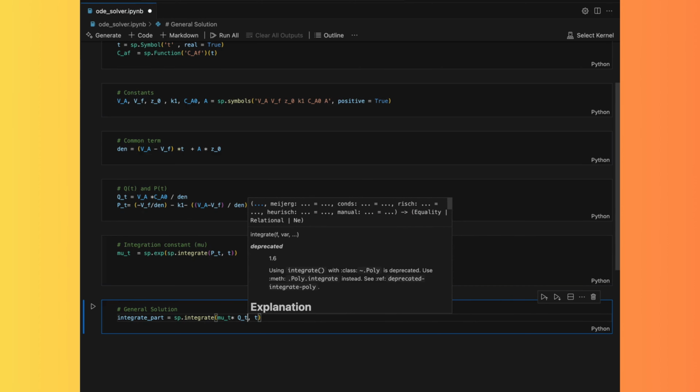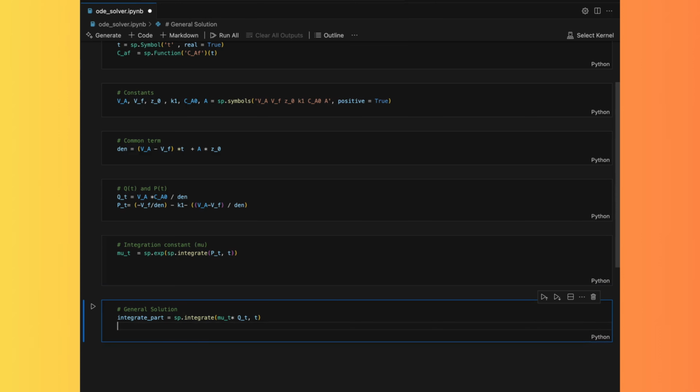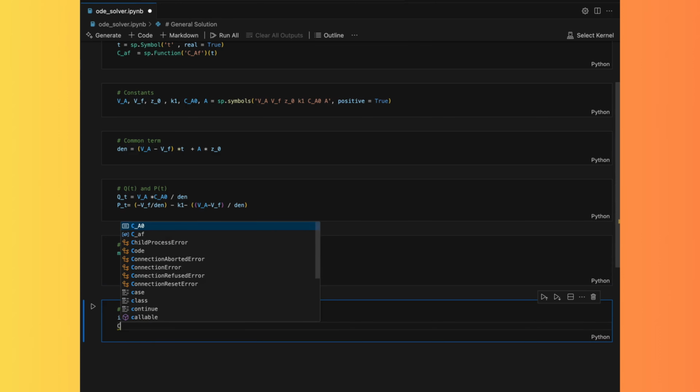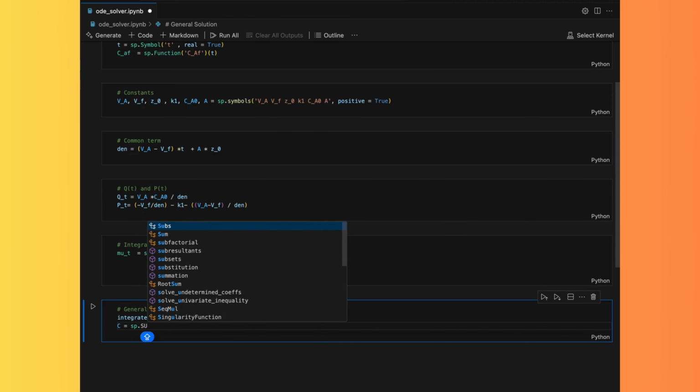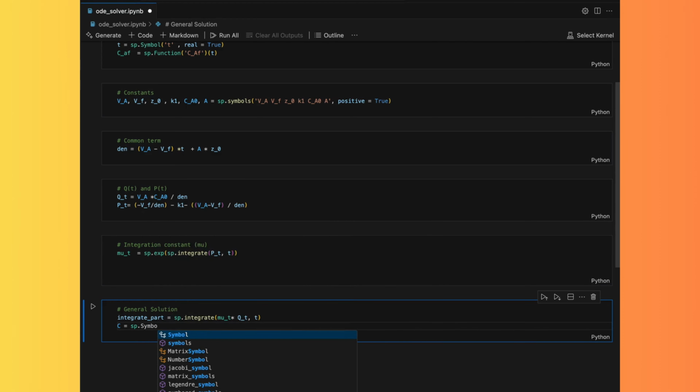Okay, that's our integrate part. Let's see the integration constants coming from the integration. sp.symbol.